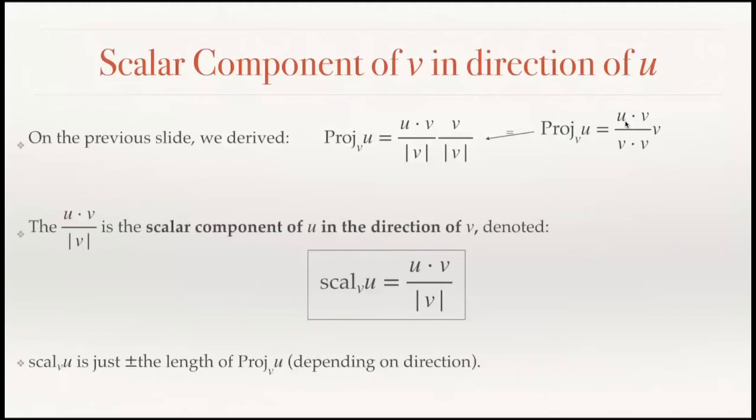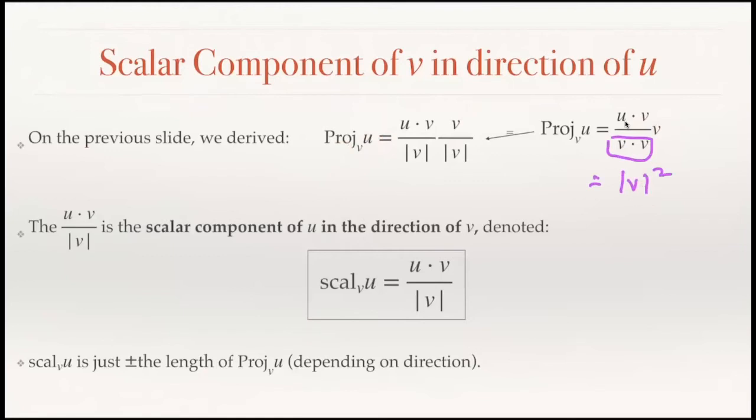Now, for our next concept, which will be another fundamental concept of chapter 17, we'll want to recall the scalar projection. So this is a slide from way back then. Recall that the projection of u onto v is u dot v over v dot v times v. And recall that v dot v is the magnitude of v squared.